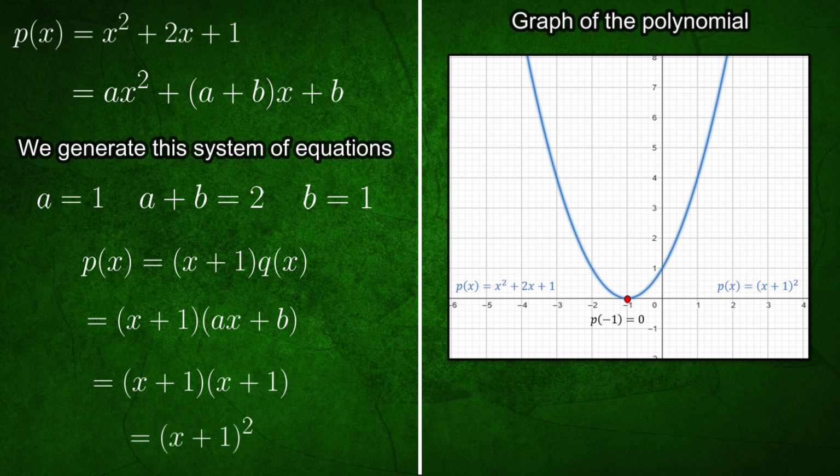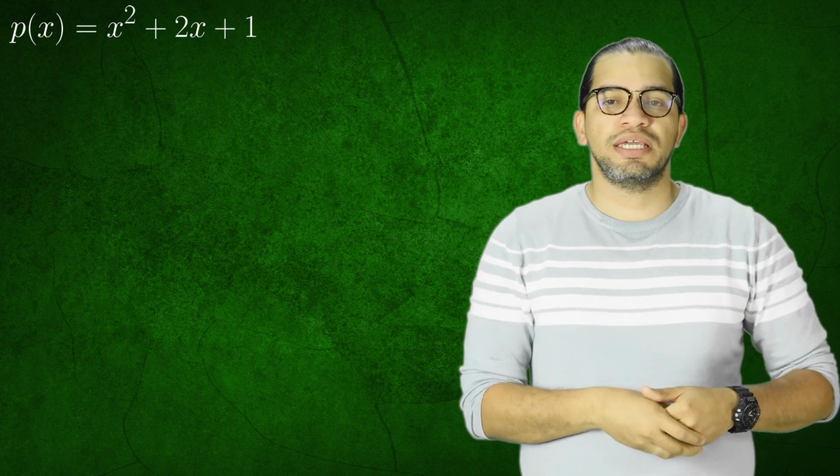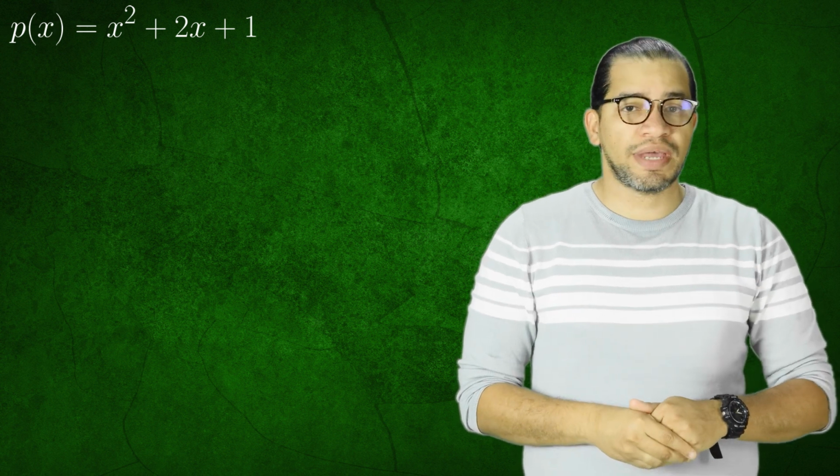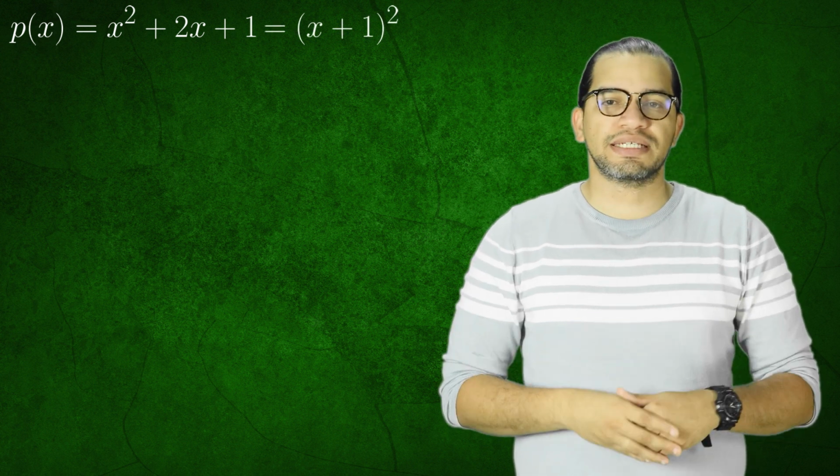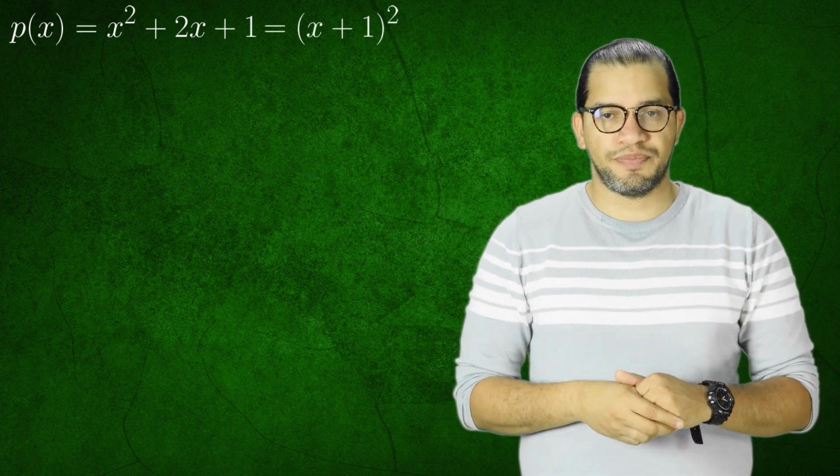Thus, p of x is equal to x plus 1 squared. Something that we can notice from the previous example is that the polynomial p of x had a root which was x equal -1. And we also notice that p of x could be written as x minus -1 squared, meaning x plus 1 squared.